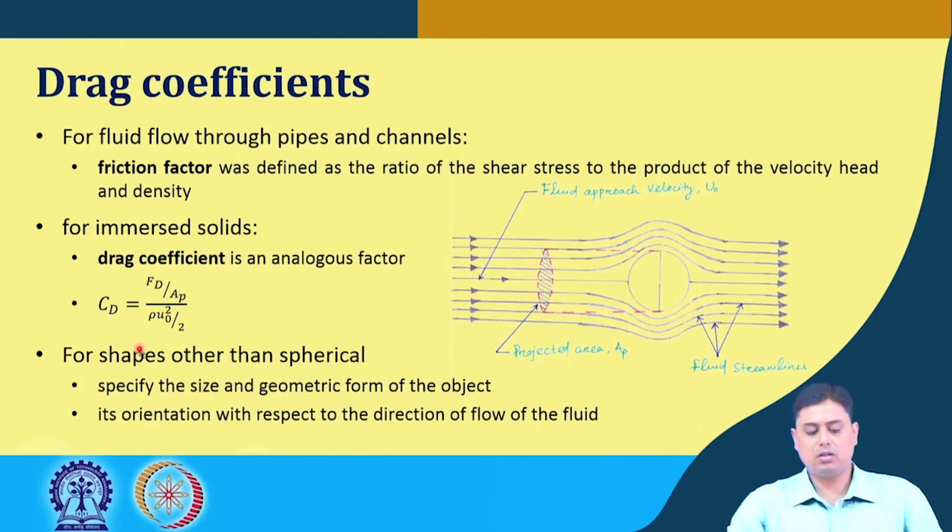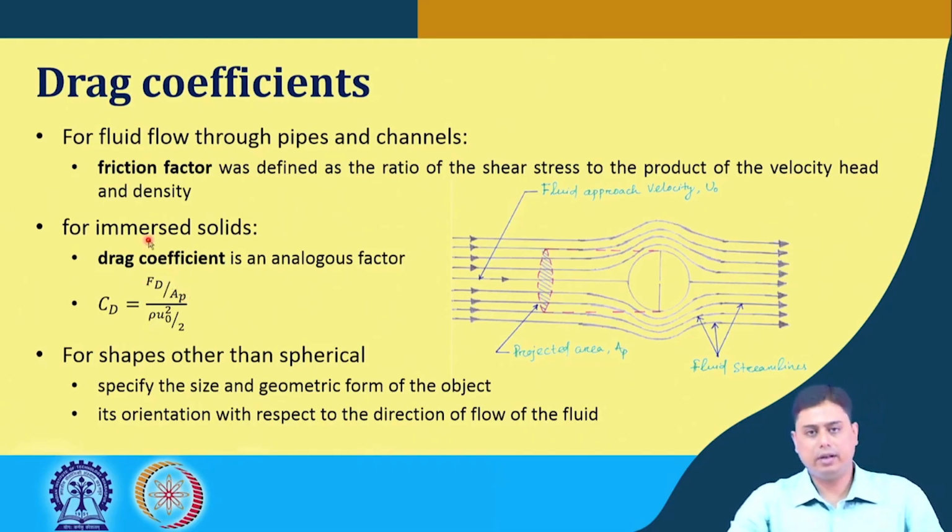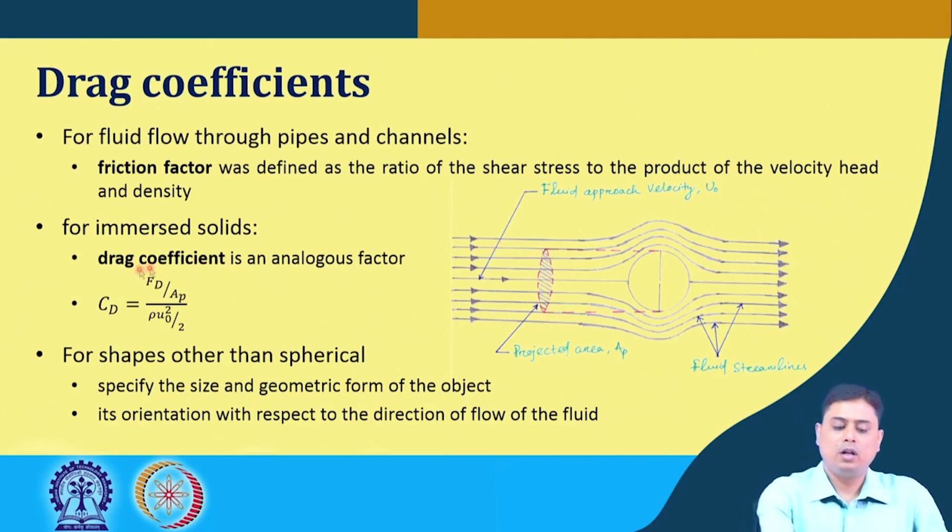Now based on the shape of the particle, this factor is calculated with the help of different shape factors, because FD and AP can easily be calculated for a well defined size particle. For the spherical particles we can clearly calculate what is AP, we can estimate FD, and then we can have these CD values.